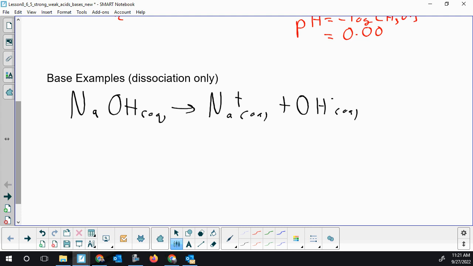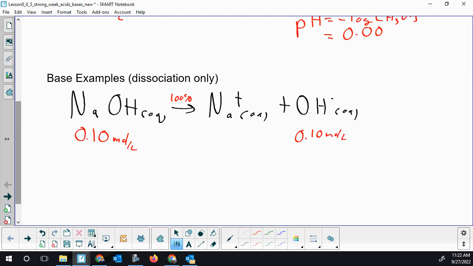No water is needed because the dissociation by itself gives us the hydroxide. Okay. If I have 0.10 moles per liter, 100% is going to dissociate, and we're going to end up with 0.10 moles per liter.